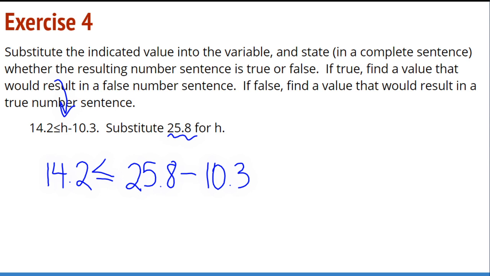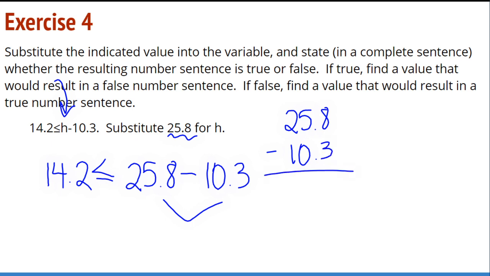So I've substituted in, and now I need to evaluate 25 and 8/10 minus 10 and 3/10. And I've lined up my place values, ones with ones, tens with tens, tenths with tenths, decimals with decimals. 8 minus 3 is 5.